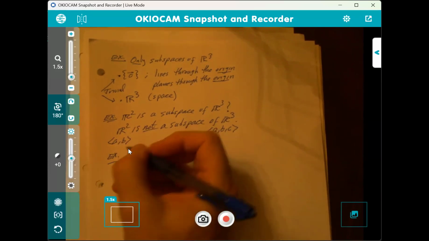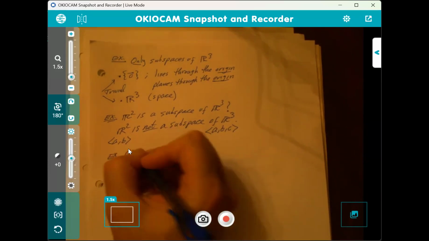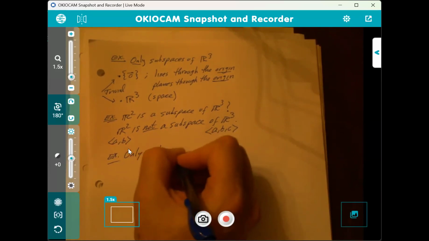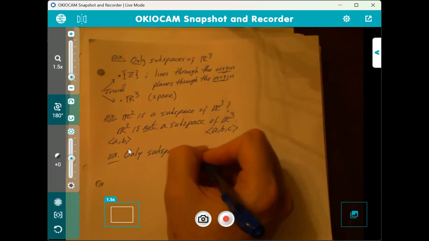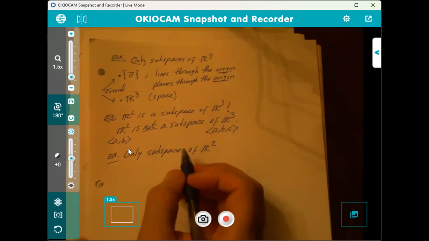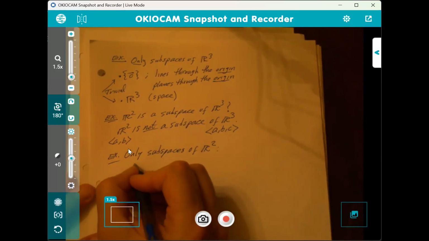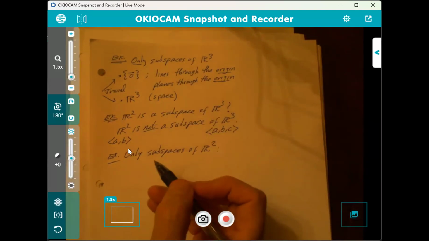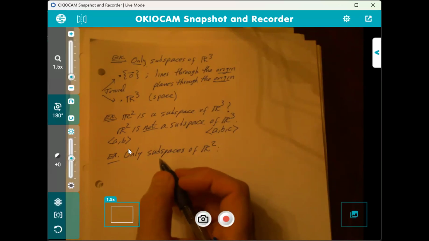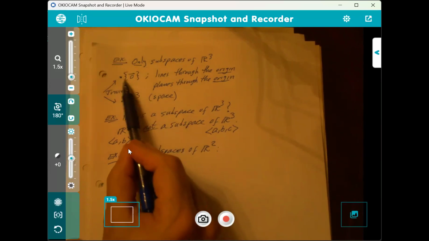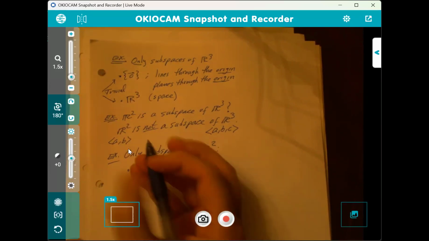Therefore, let's see what subspaces of R2 are. The only subspaces of R2 are, what do you think the first one is? We just did only subspaces of R3. What do you think the first only subspace of R cubed is? The trivial, right?